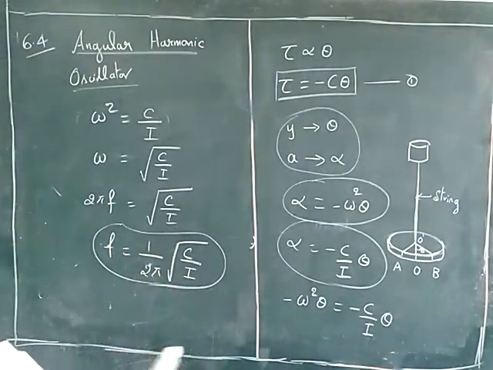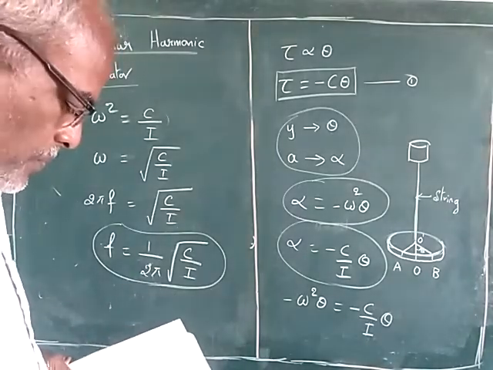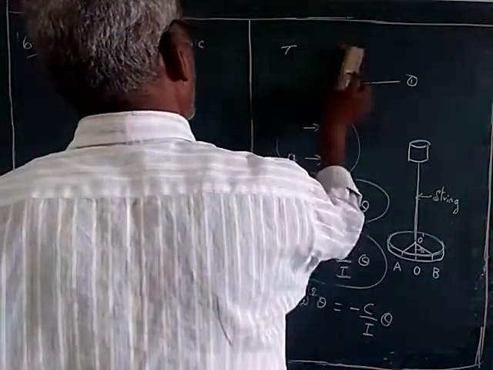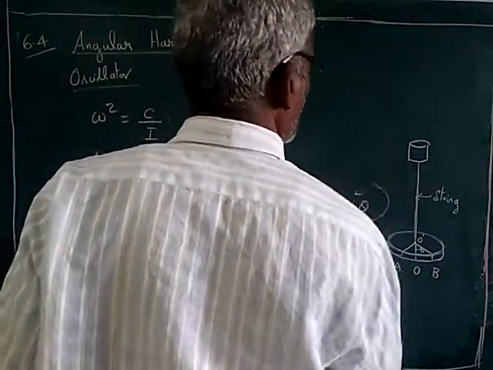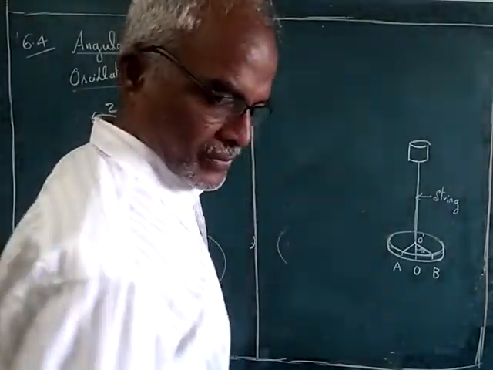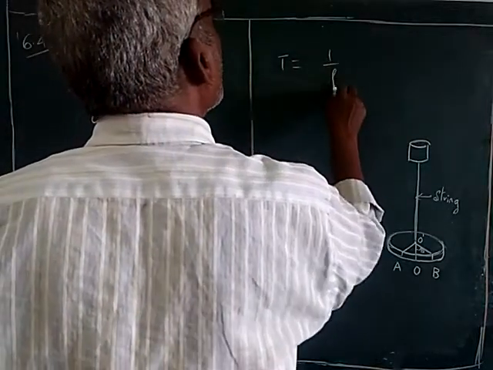If you are interested in finding out the period, now I want period. So you can always find period using the relation T is equal to 1 by f.